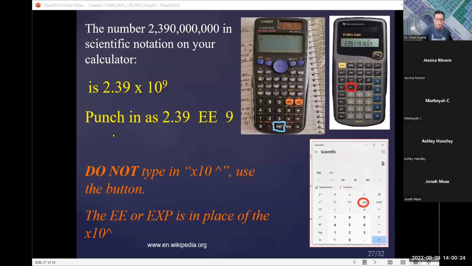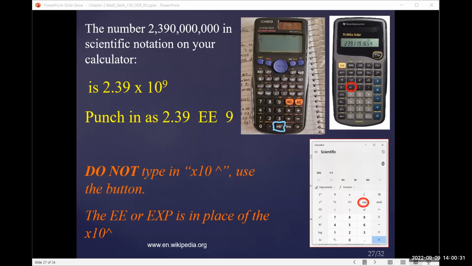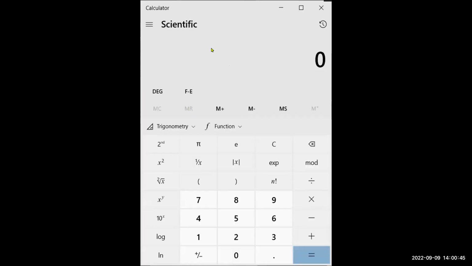So I'm going to share my calculator, my Windows calculator, and we're going to input that number. Let me write that number down so we can remember what we're doing: 2.39 times 10 to the 9th power. That's the number we're going to put in.